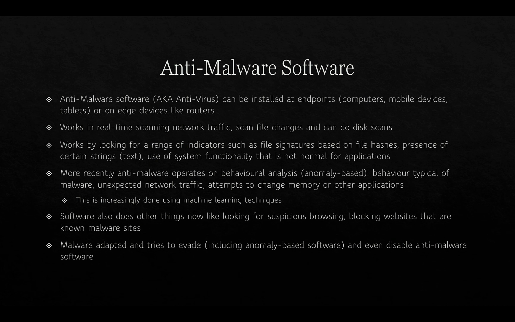And as I mentioned, malware is trying to adapt and evade these things, including anomaly-based software, and even disable the anti-malware software. Malware will also try to evade forensic examination by detecting whether it's running in constrained environments and then shutting itself down. So essentially it will only try and run when nobody's looking.